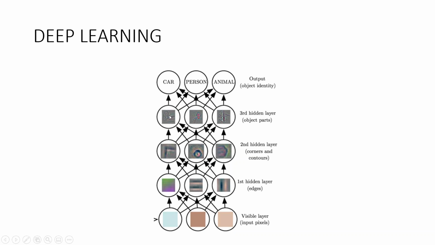As you can see here on the left, it looks like we've got a tire there. Here in the middle, it looks like you're starting to see a face and a chest and an arm. And then that output can decide whether that's a car or a person or an animal. But you can see there's a hierarchy of concepts that are developed. The further you get into the network, the higher level of concepts that are developed. And that's a big advantage of deep learning over standard neural networks.